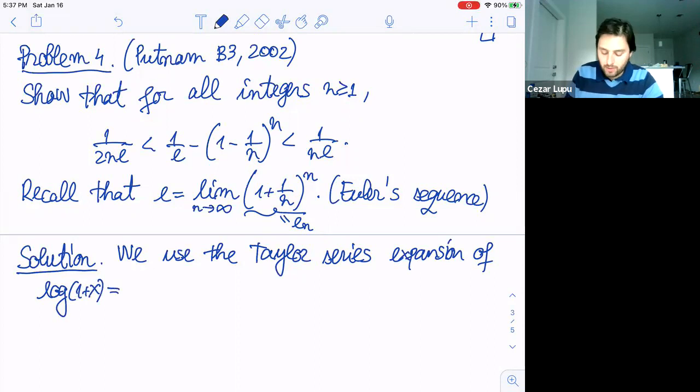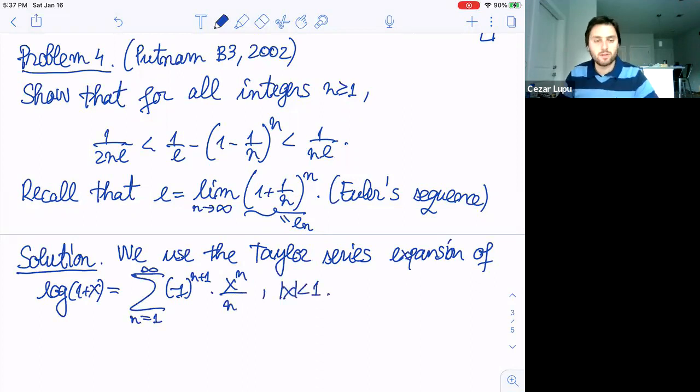So this would be nothing else. We can write this in the following way. You know that the Taylor series expansion is of this form for x in absolute value less than 1, right? Or equivalently, we would like to use it in the following form.